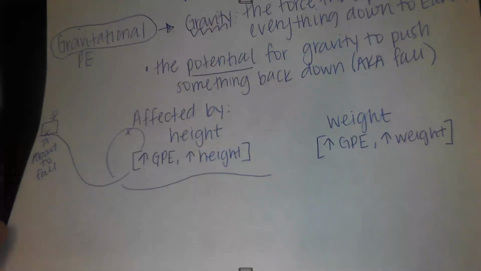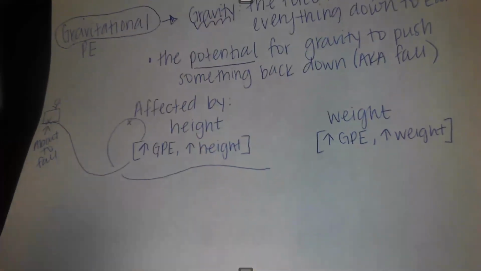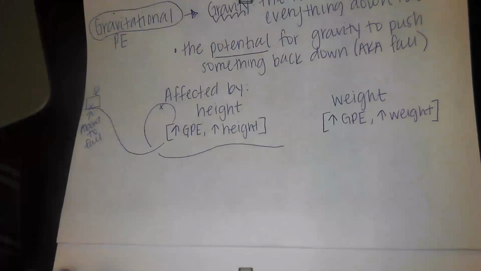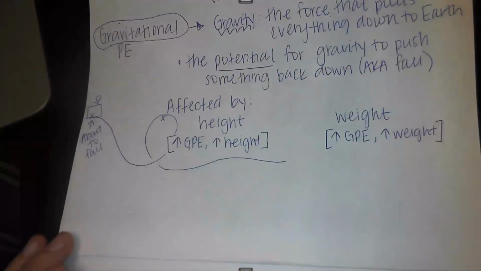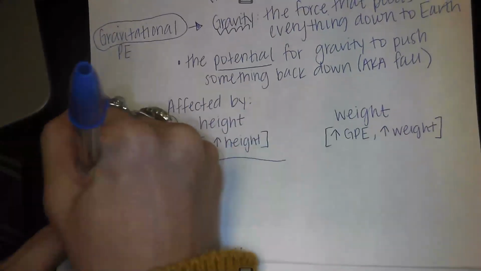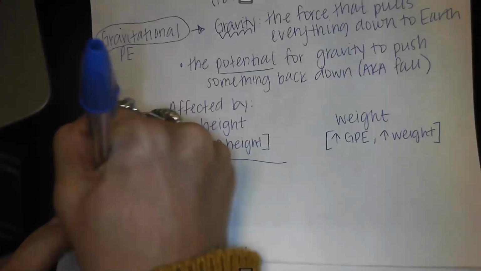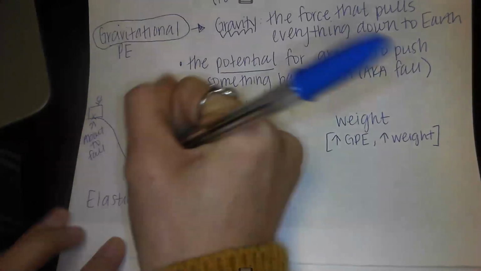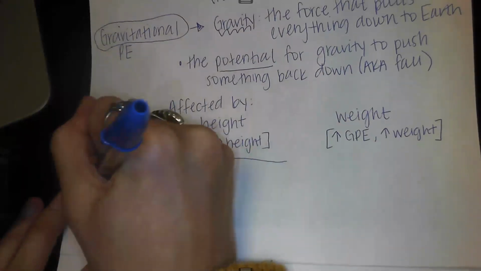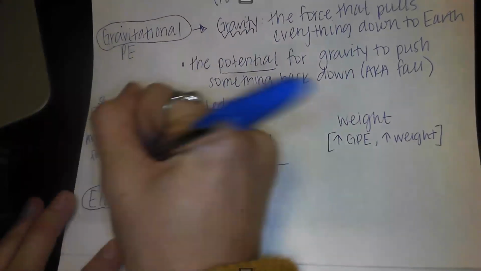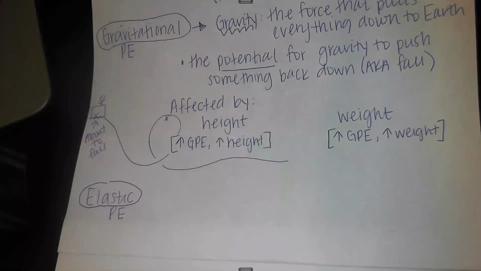Okay. My second form of potential energy, so I've got gravity that's going to push me down. My second form is elastic. And instead of rewriting potential energy, I'm just going to say PE, potential energy.